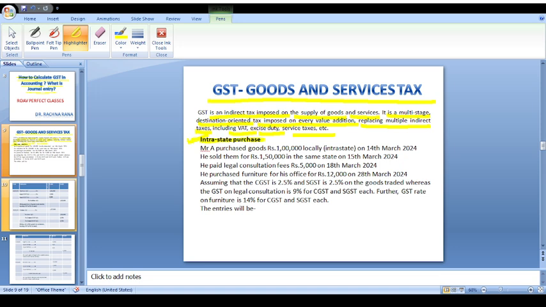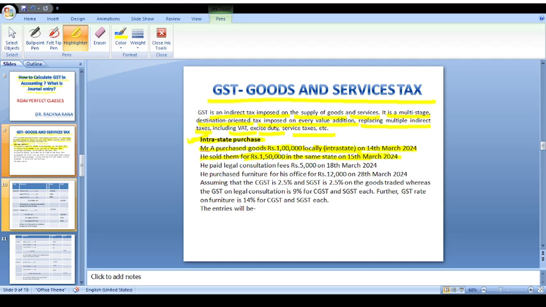Now, first of all, I will discuss intrastate purchase. For example, Mr. A purchases goods worth rupees 1 lakh locally, intrastate, on 14th March 2024. He sold them for rupees 1,50,000 in the same state on 15th March 2024.